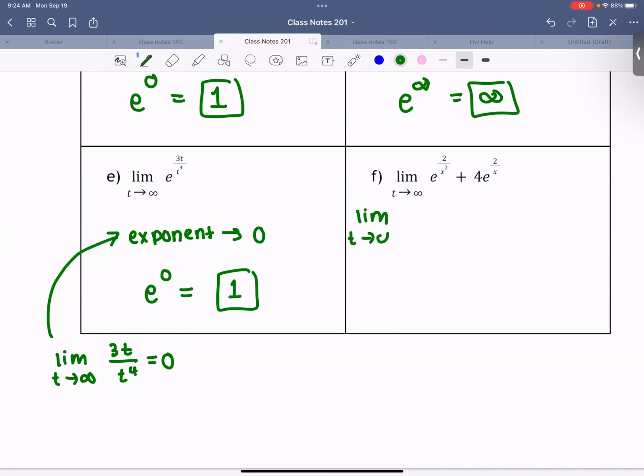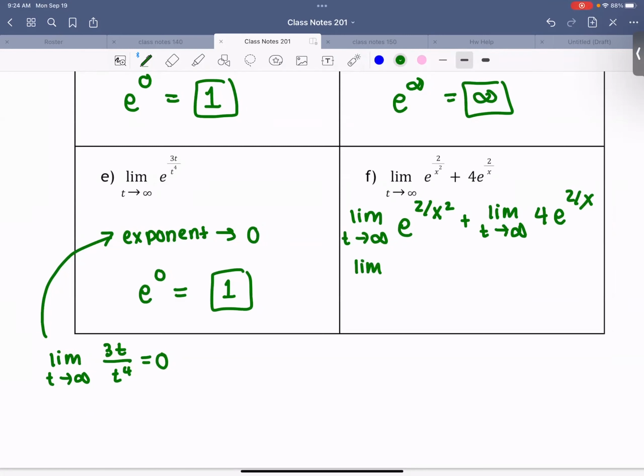So this is the limit as t goes to infinity of e to the 2 over x squared plus the limit as t goes to infinity of 4 e to the 2 over x. Right, so now I have 2 limits that I'm dealing with. You can go even further and take the 4 out of the limit, right? So this is the limit as t goes to infinity of e to the 2 over x squared plus 4 times the limit as t goes to infinity of e to the 2 over x.